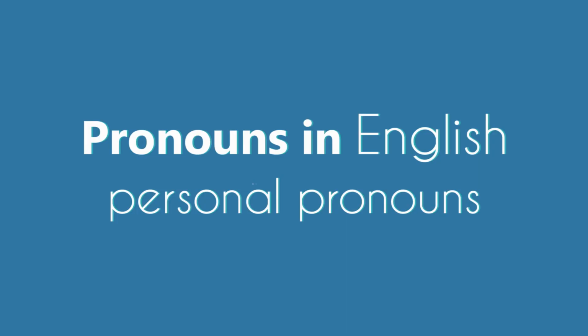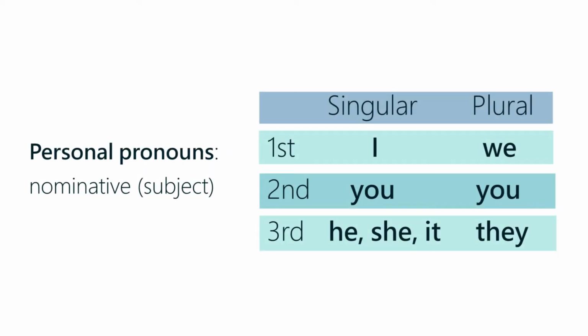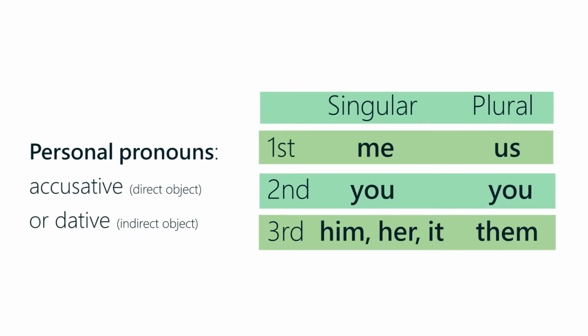We have different kinds of pronoun. So these are called personal pronouns, but these are nominative. It means they are used in the subject position. When they are an object, in English, whether it's a direct object or indirect object, they will get a different form, which are accusative or dative.